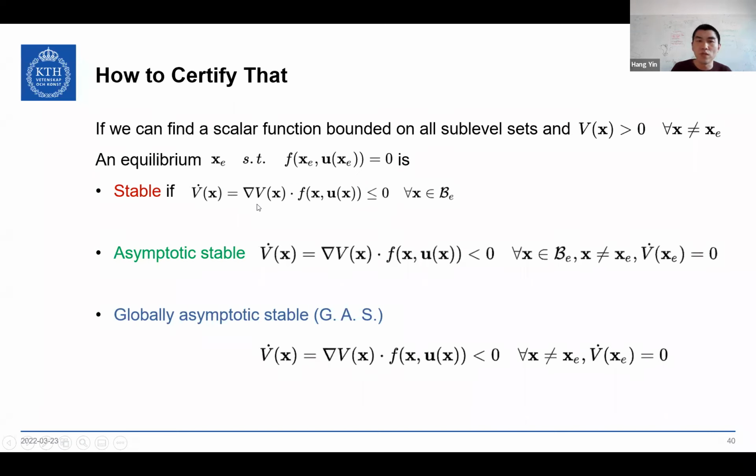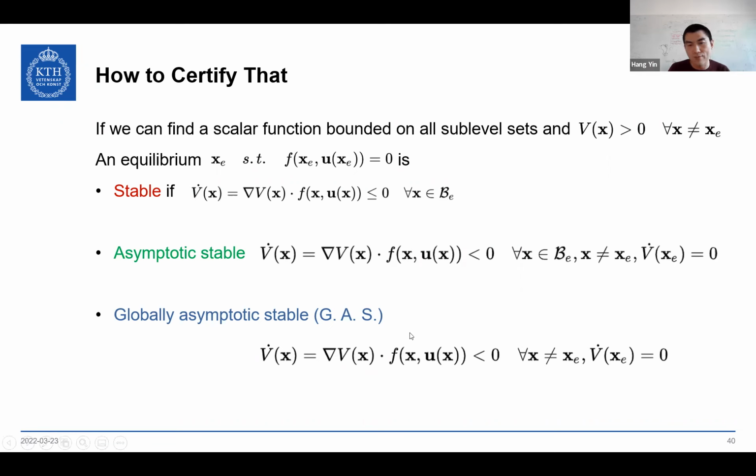It will be bounded. It will not have infinity in any of my state components. And you can also show that if you have zero, you can guarantee that the derivative is zero at the equilibrium. You can know that all of my trajectories, at least starting locally, will converge to this.